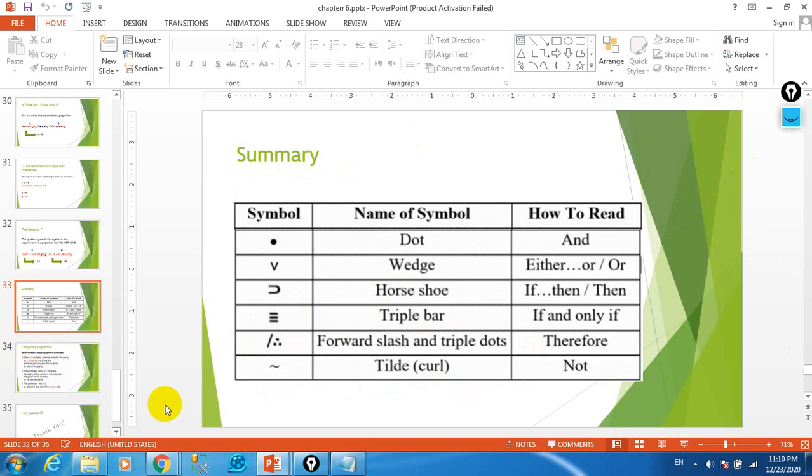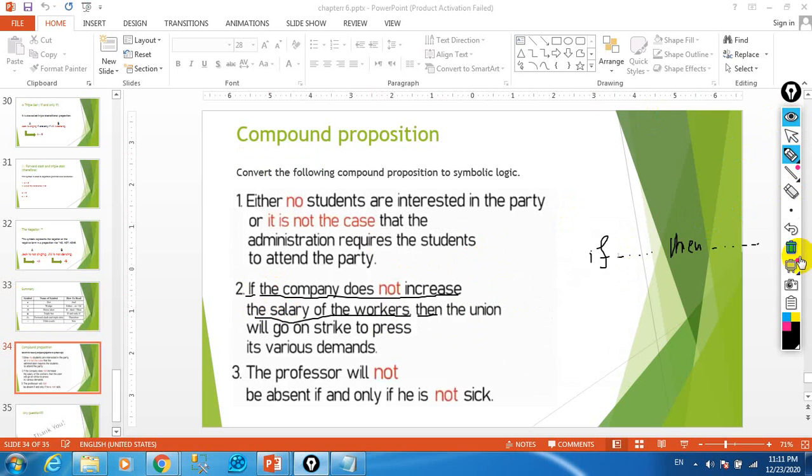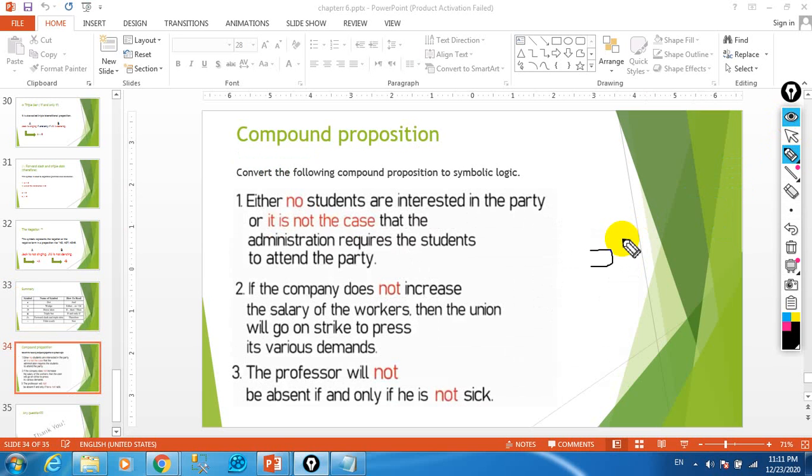So we can say F and then, and we have the horseshoe. So we represent this condition by using horseshoe. Look at this. So how will we represent this? It's just like this.